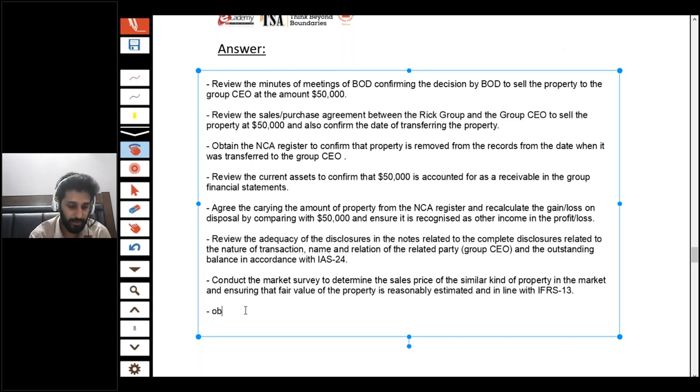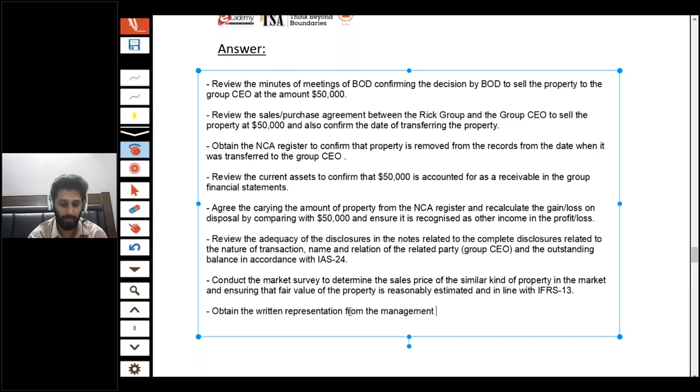So obtain the written representation from the management.